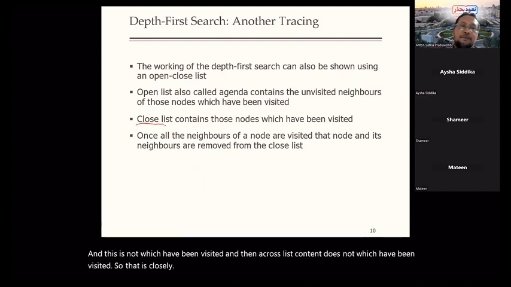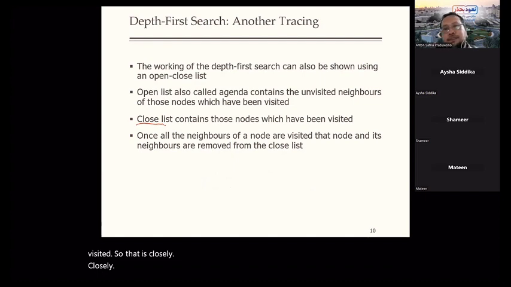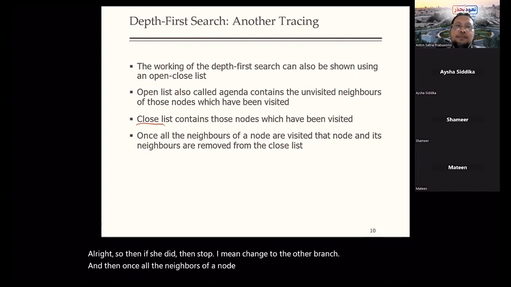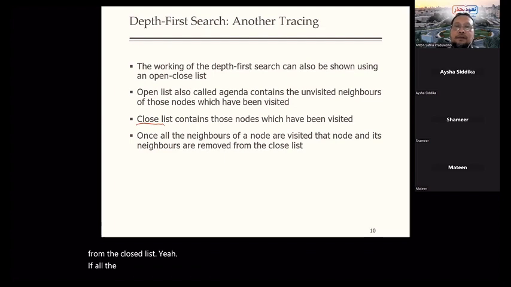If a node has been visited, then stop, I mean change to the other branch. And once all the neighbors of a node are visited, that node and its neighbors are removed from the closed list. So discarded.